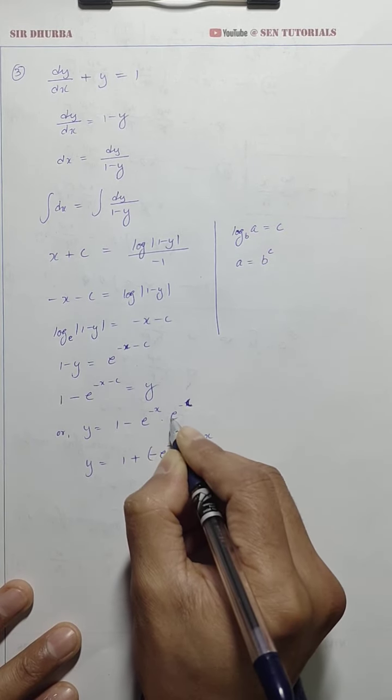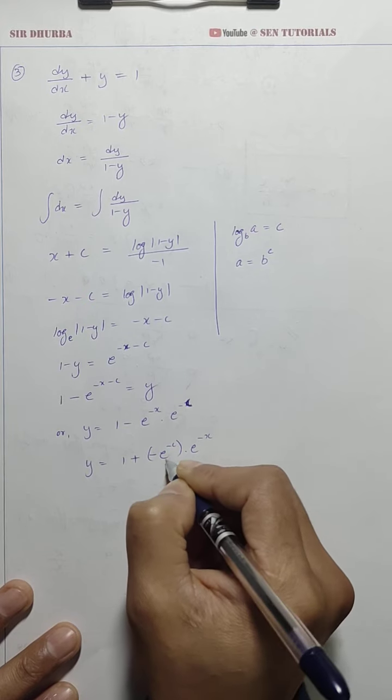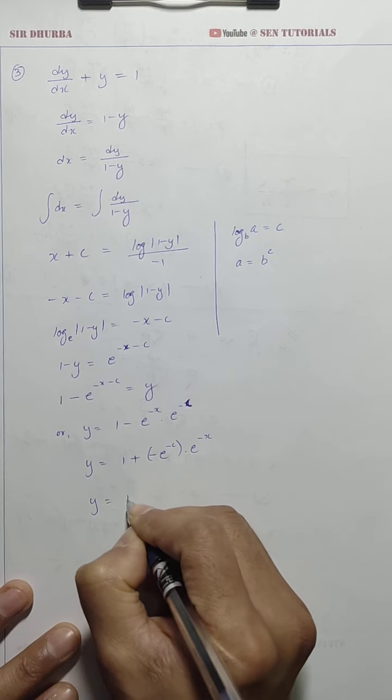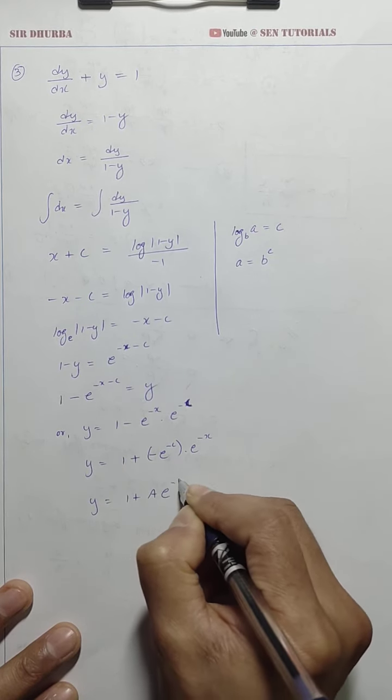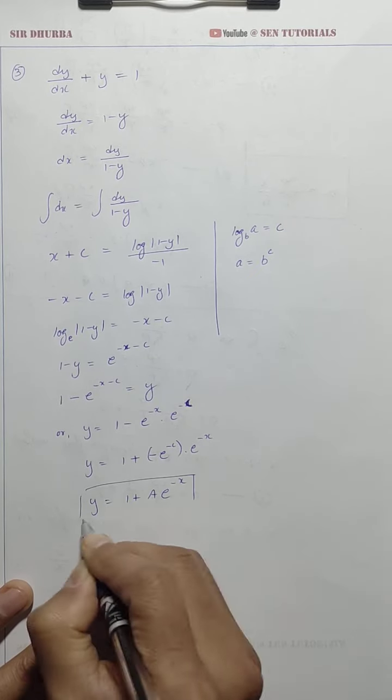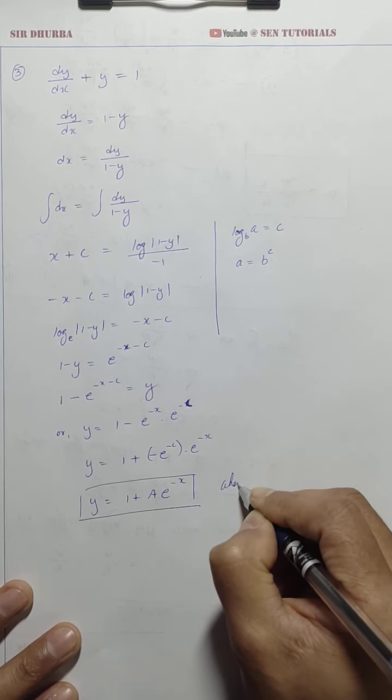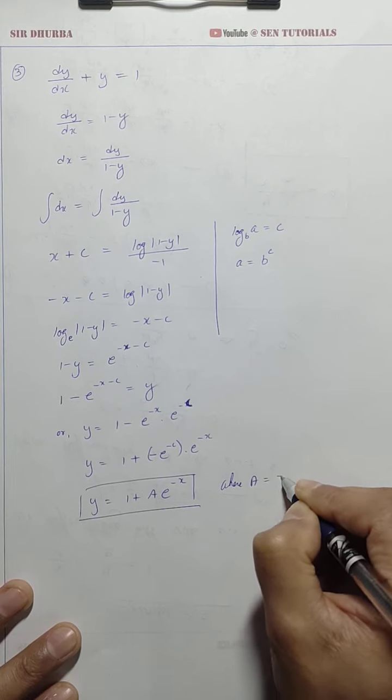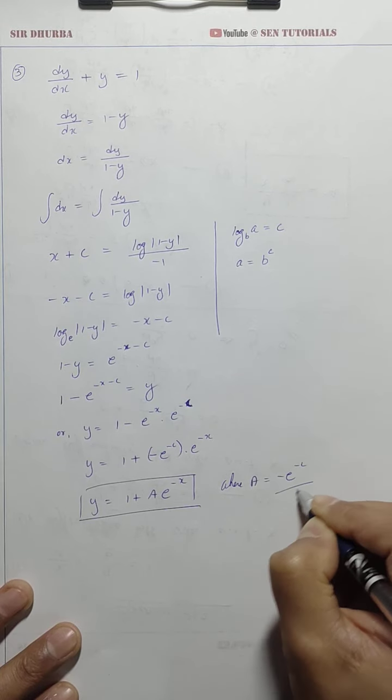This minus I'm taking along with e power minus c. This is a constant only, so that can again be written as 1 plus a e power minus x, where a is minus e power minus c.